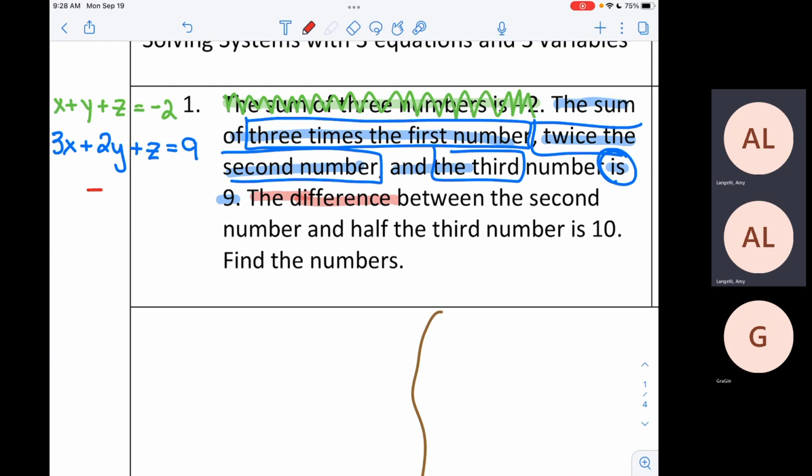The second number. What was the second number? Okay. And half of the third number. Half of the third number. How do we do that? Yeah, 1/2. What do you guys think 1/2 of the third number is? What would that be? Half the third number. Yes, both of you are correct.